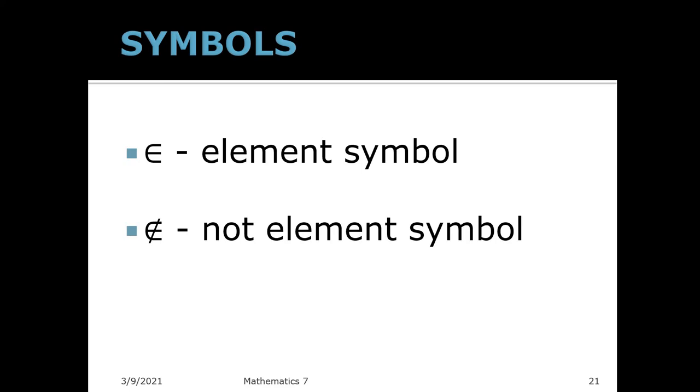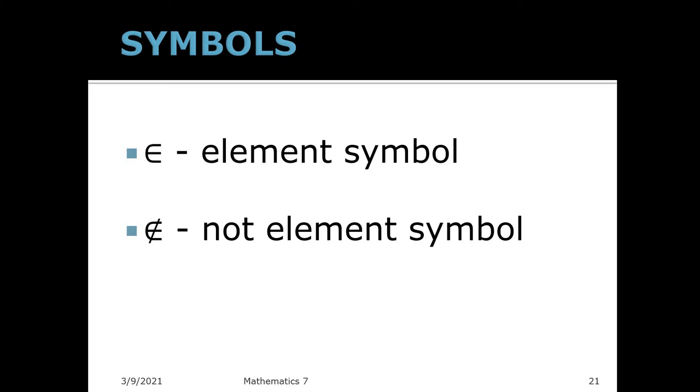For the symbols, we use this Greek letter to signify that a member of the group is an element of the group. That's the element-of symbol. Let's say the color blue is a color of the Philippine flag.